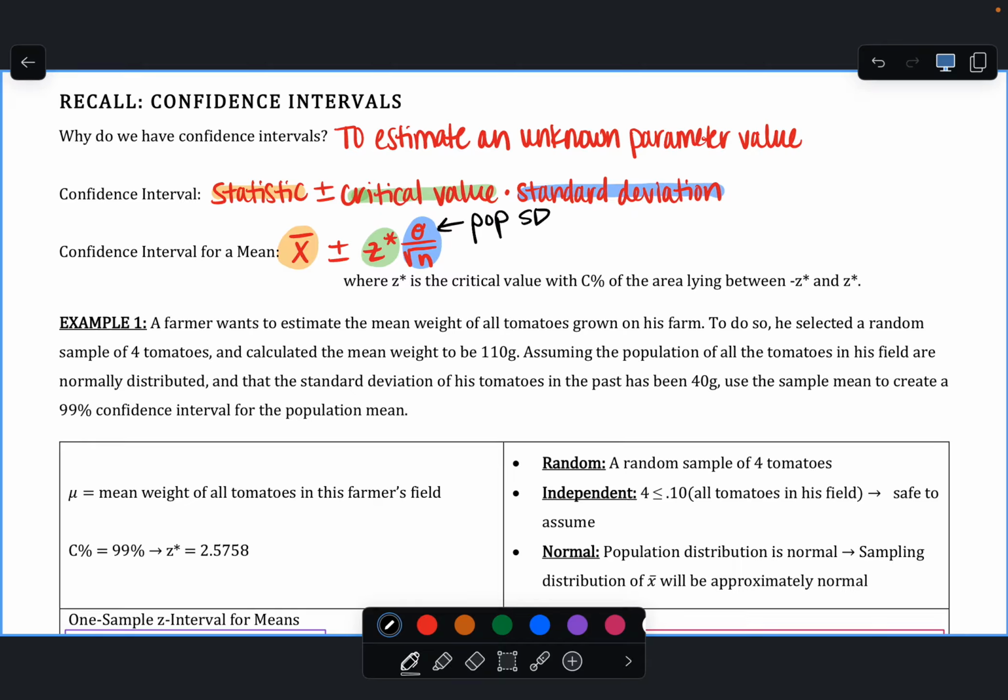This is one where you know the population standard deviation. So we are going to essentially do the exact same thing. The only change is instead of it being a p hat, we're using an X bar. Instead of it being the square root of p(1 minus p) all over n, we are doing the standard deviation over the square root of n. So that all changes just based on the fact that we're dealing with means.